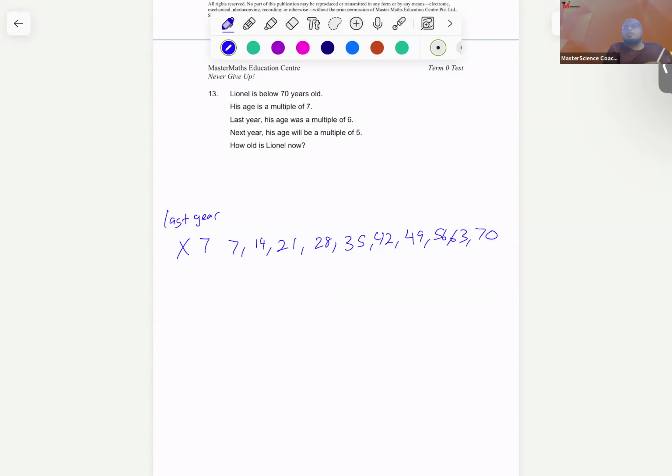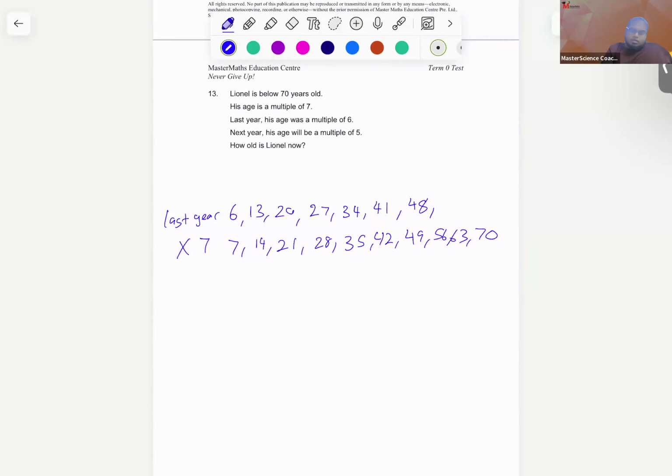Younger. Younger by how many years? 1. So, plus 1 or minus 1? Minus. So, all these are minus 1. 6, 13, 20, 27, 34, 41, 48.